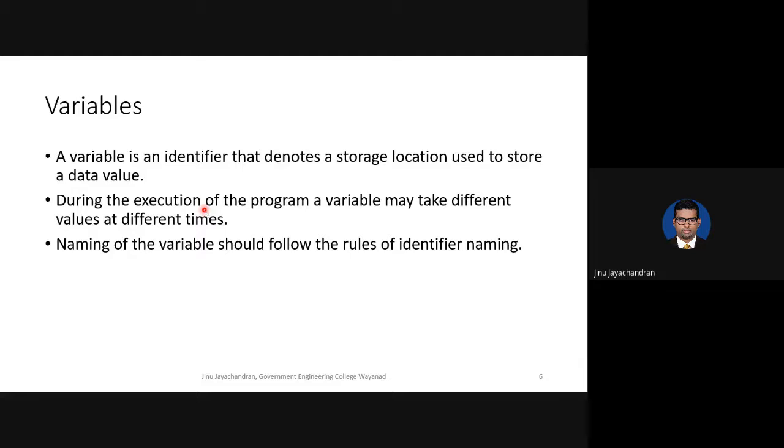Now coming back to our discussion on Java programming. As we mentioned in C++, in Java also there are variables. A variable is a memory location. Whenever you declare a variable, you are telling the program to allocate a memory location for it. While the program executes, the value in the memory location will change according to your program.